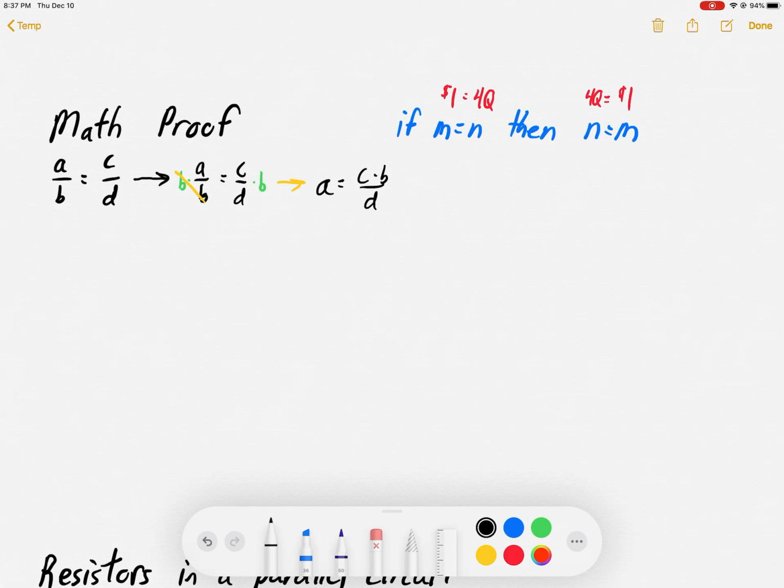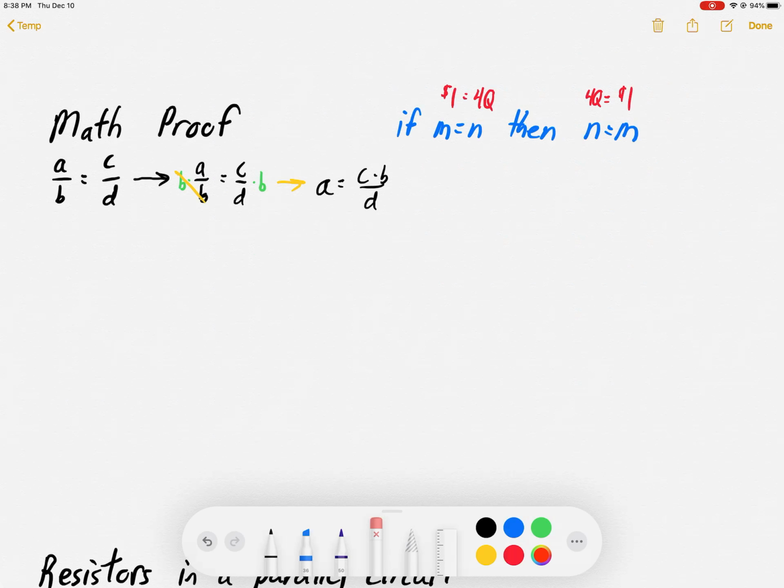I don't know if you remember, but if you have a fraction and you're multiplying it by a value, that's equivalent to putting that secondary value in the numerator. Okay, it can go into the numerator, it can go to the side, but it cannot go in the denominator.